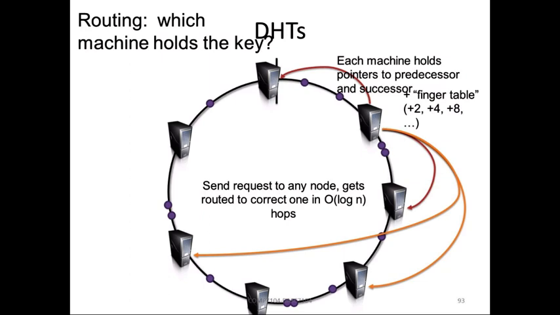For instance, nodes may have pointers to the node at distance 2, then the node at distance 4, then the node at distance 8, and so on. For instance, pointers to hops which are powers of 2. And that allows, of course, a much faster lookup, logarithmic in the number of nodes in the system.